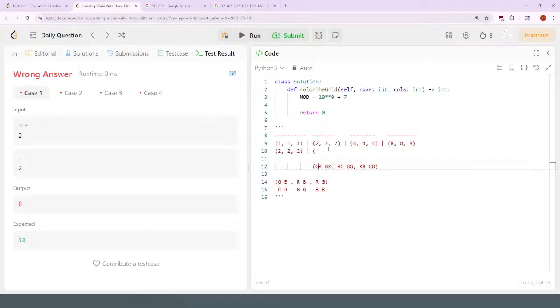so green, red. So this green followed by something. So green red is matching with green blue, or green red being the first, green being the first element, can be followed by red or blue.